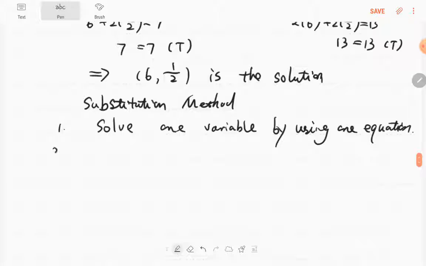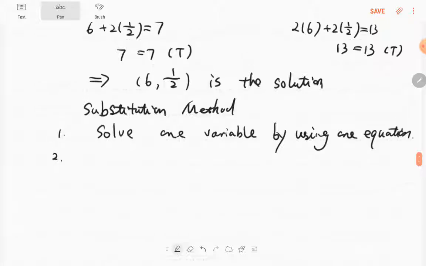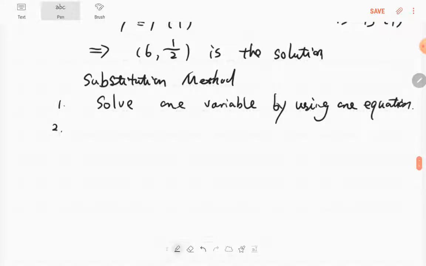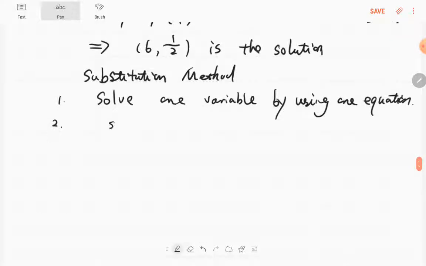And step 2, we should substitute the expression for the variable. Remember from step 1, we already solved for one variable, so we got the expression for the variable.